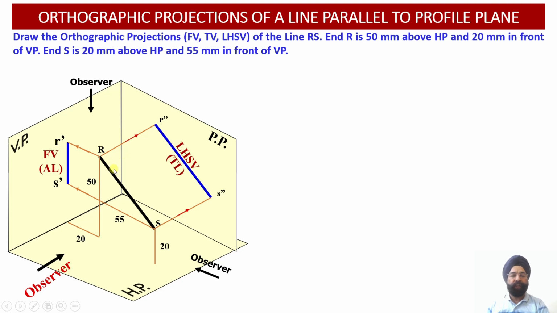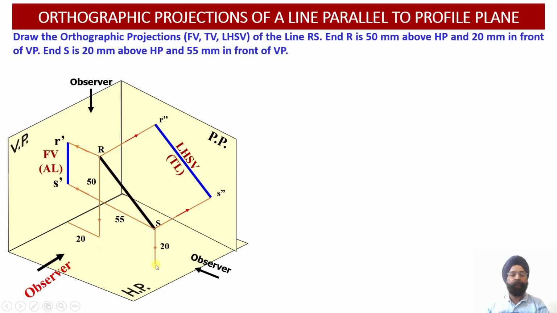So when we look at this line from the top view direction, this point R will be projected onto the horizontal plane at this position. So this point name will be R in the top view, that is onto the horizontal plane. Similarly, this point S will be projected onto the horizontal plane at this position.